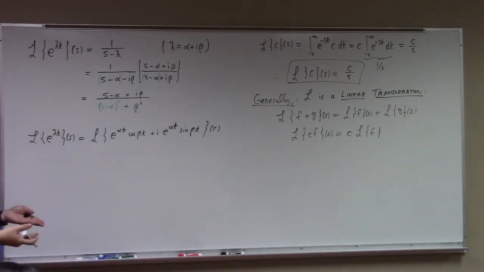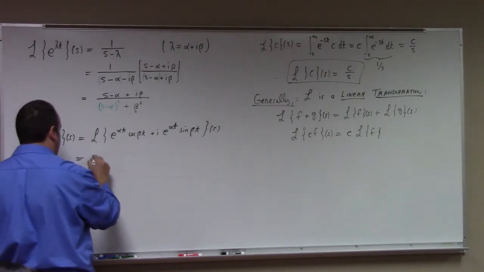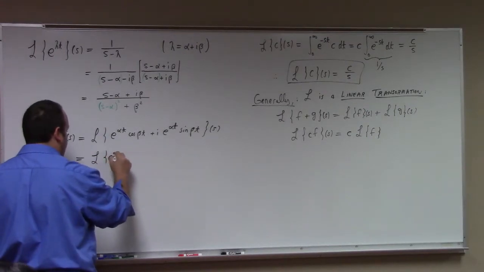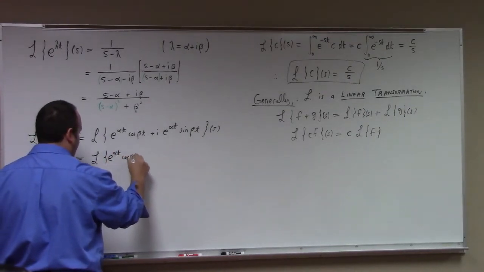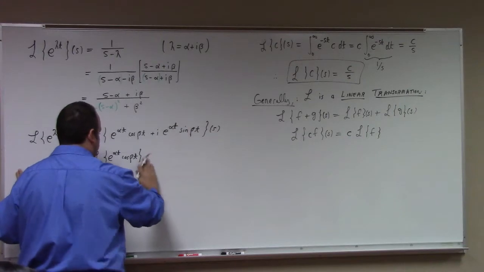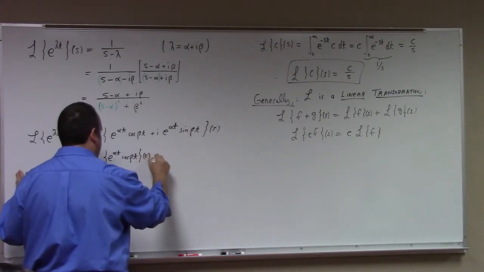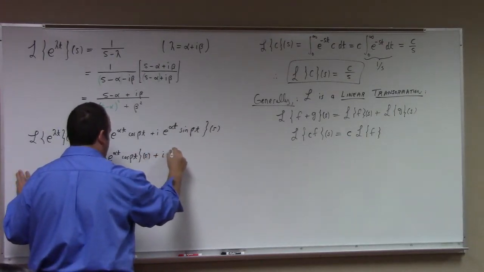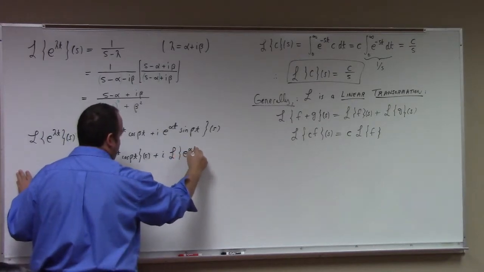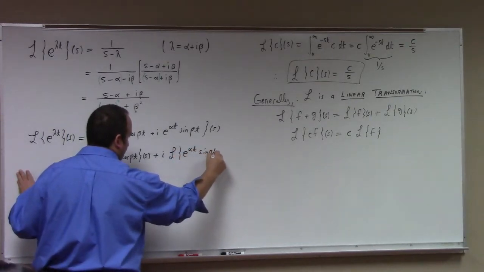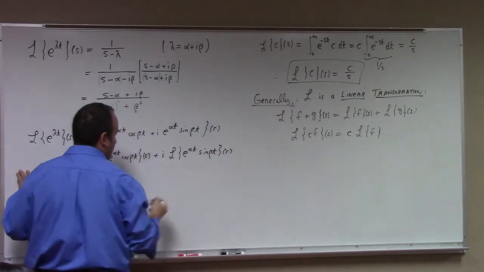And because the Laplace transform is linear, I can pull the i out and break it up into a sum, right? This is really the Laplace transform of e to the alpha t cosine beta t of s, plus i times the Laplace transform of e to the alpha t sine beta t of s.